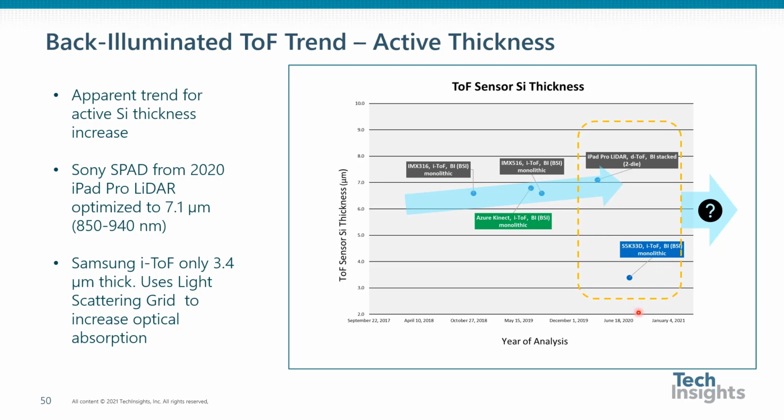So in general, it is not clear if the silicon thickness trend will be maintained. One would expect that it will be, but it's clear that sensor design also plays an important role in achieving a high performance, high QE sensor.